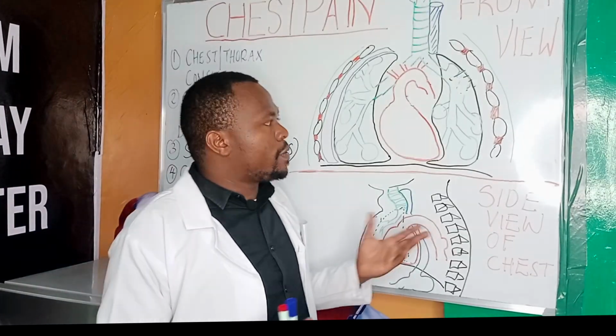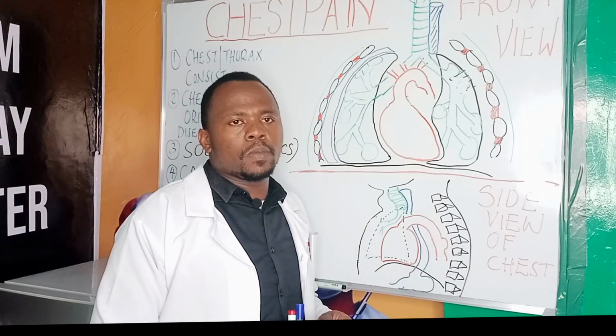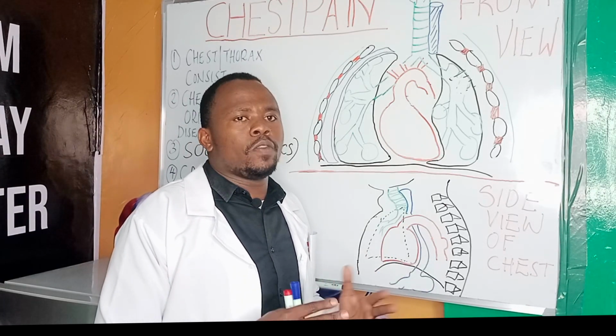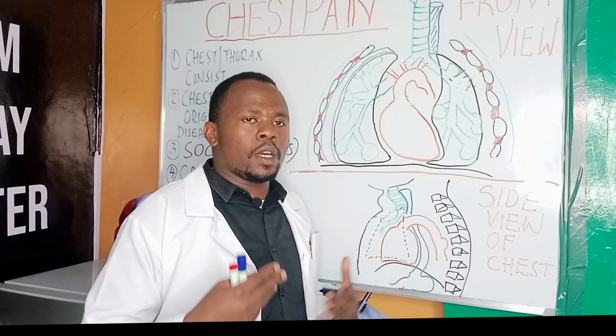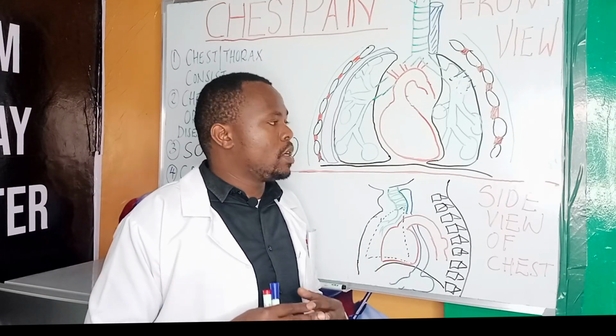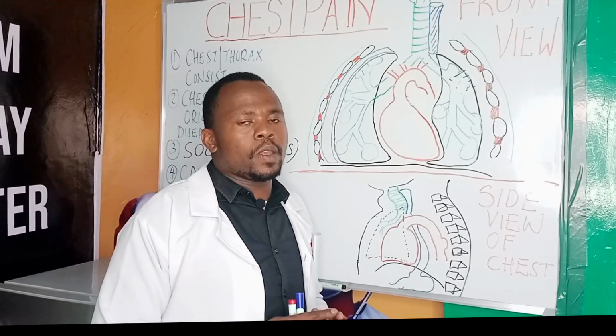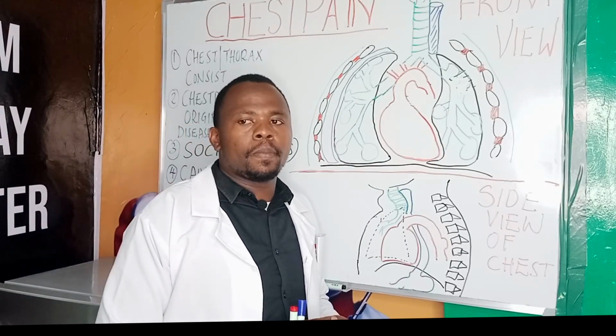And also we have gallbladder problems, that is the infection or inflammation of the gallbladder. The gallbladder is located in the right upper side within the liver. Sometimes when you have a problem with the gallbladder, it may appear like you have a chest pain problem.